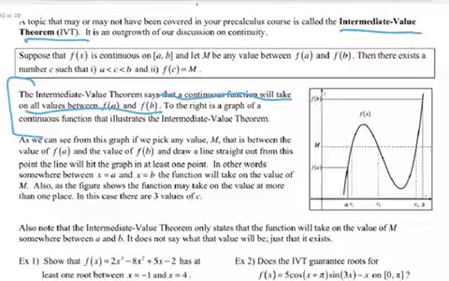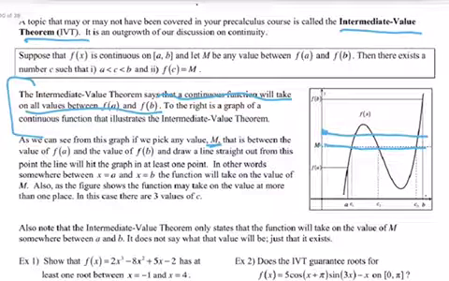Let's look at the second part. As we can see from this graph, if we pick any value m that is between the values of f(a) and f(b) and draw a straight line out from this point, the line will hit the graph in at least one point. That's what I was doing earlier. Any value of m, this is the specific line.